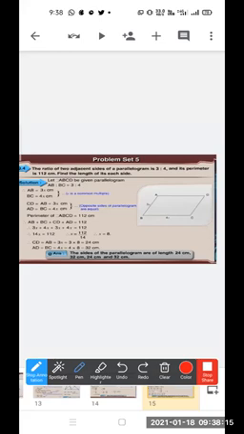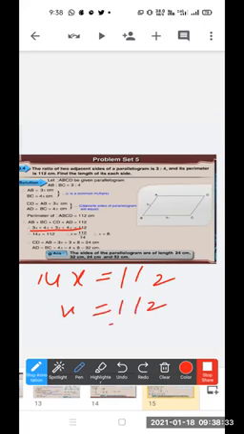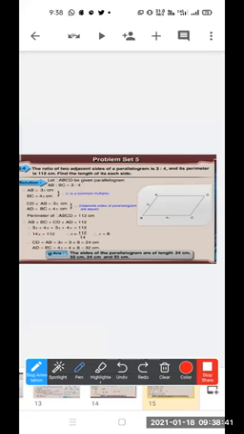AB is 3x, BC is 4x, CD is 3x, and AD is 4x. Adding all these sides, we get 14x is equal to 112. So x is equal to 112 divided by 14. 14 eights are 112, so we have got x as 8.